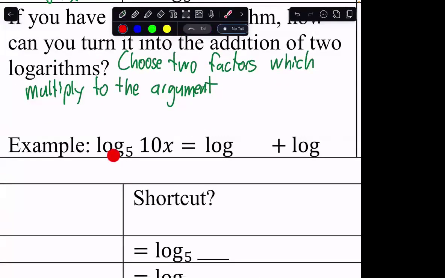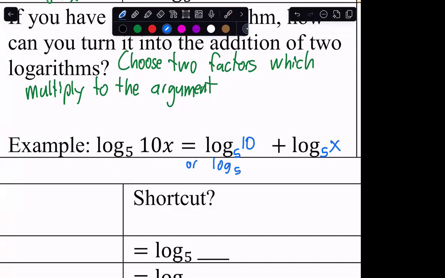Okay, so if we're going to split up log base 5 of 10x, first of all, we have to keep the same base, so they're both going to be log base 5s. But the arguments can be any pair that multiplies to 10x. One choice would just be log base 5 of 10 plus log base 5 of x. 10 times x is 10x. But that's not the only way to get there.